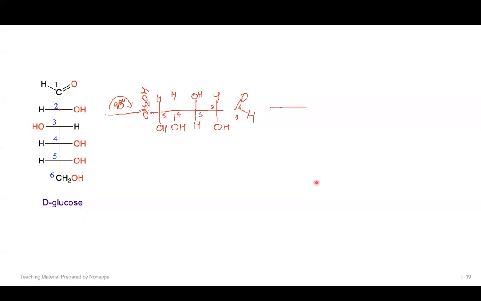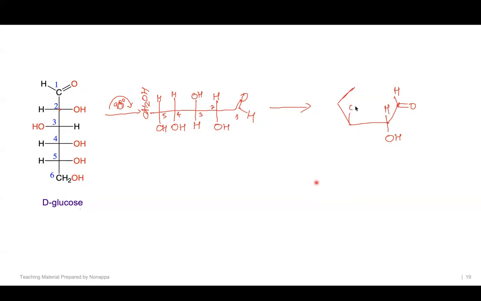Now, if we want to get into a cyclic structure, we can slightly rotate this to make it into a ring-like, six-membered ring-like structure. So we can write it like this. And once again, we begin with carbon number 1. Here is carbon number 1. We have carbon number 2 here, and the hydroxyl group is up.